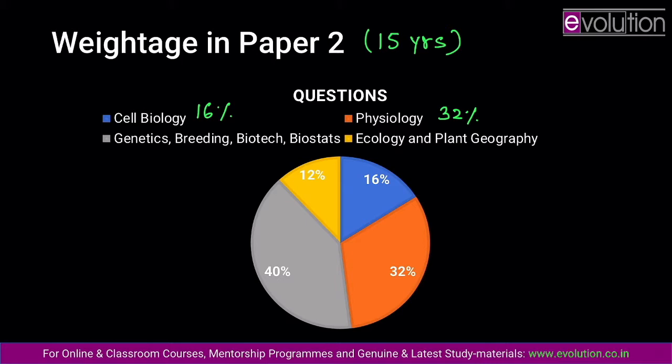But the largest area of paper 2 is a combined sphere of 4 topics, that is genetics, plant breeding, biotechnology, and biostatistics. These are in a way related parts, and therefore I am treating them as one big unit, and this big unit, as you can see in the graph, is getting 40% weightage. The remaining 12% weightage has gone to ecology and plant geography.